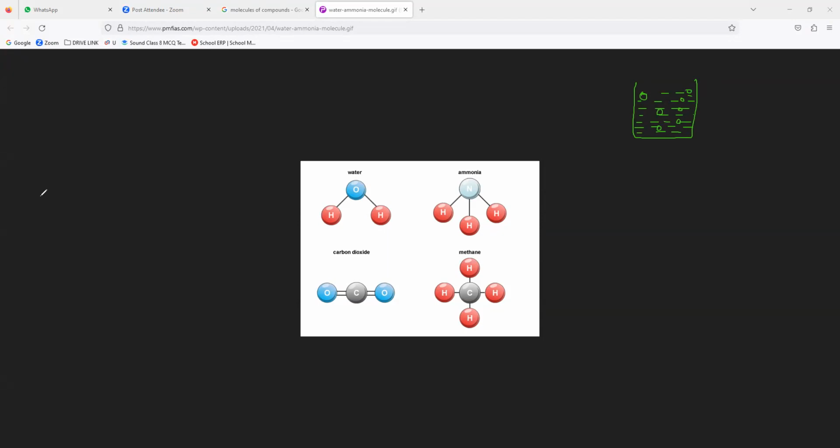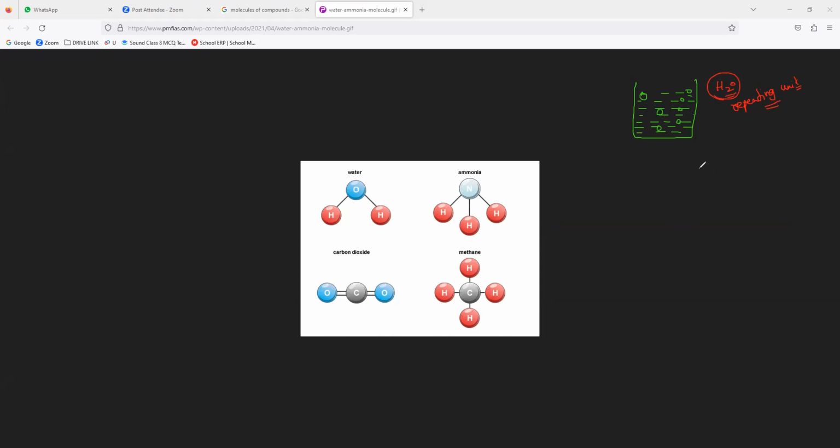H2O only. Same H2O again and again, and H2O is the repeating unit. Everywhere only H2O molecules are present. That is what we call a molecule of a compound.